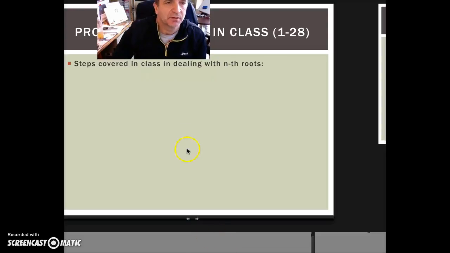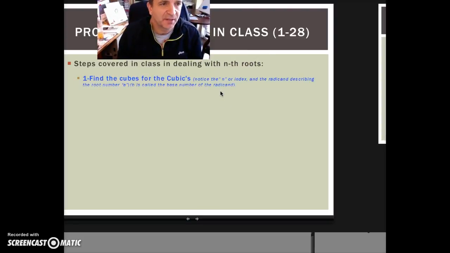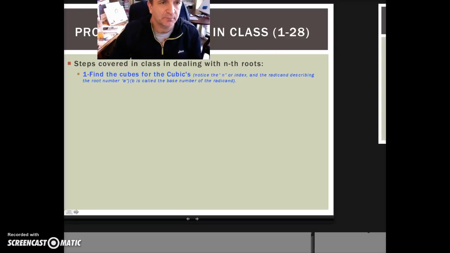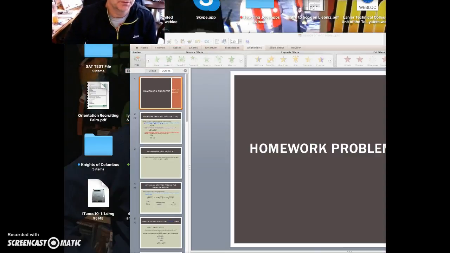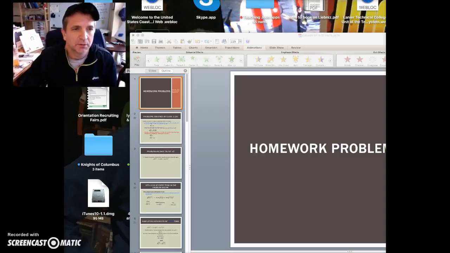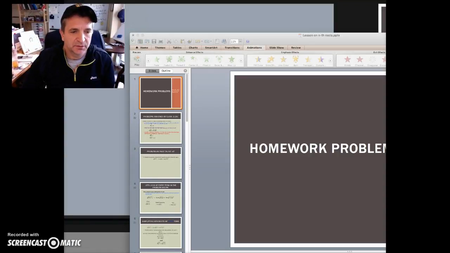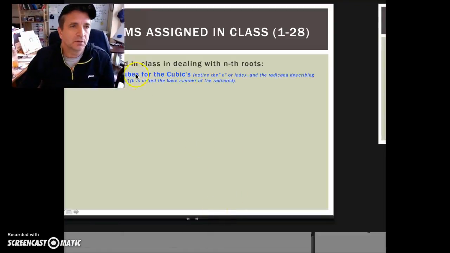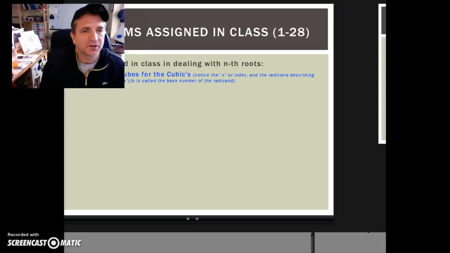Looking at the problems assigned in class, I covered three major steps. Let's try this again. Steps I covered in class in dealing with nth roots. First, find the cubes for the cubics.